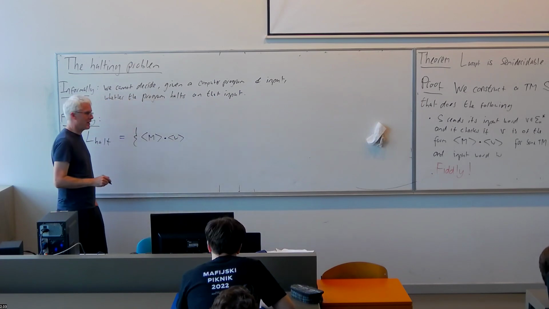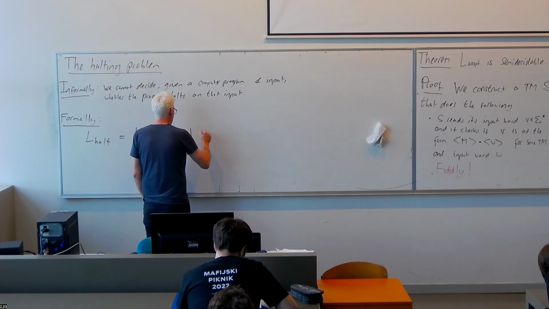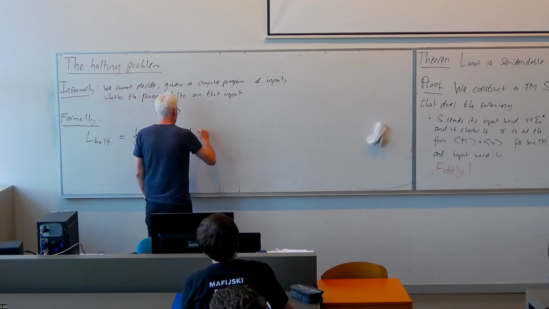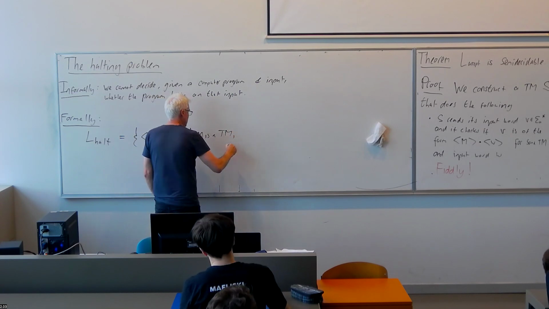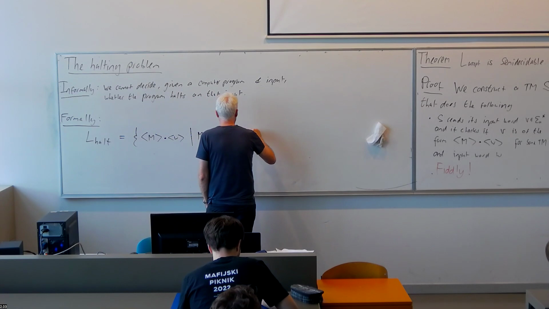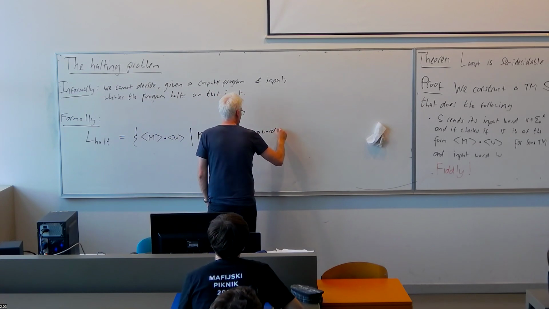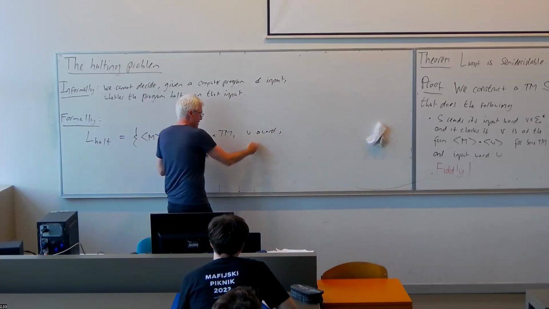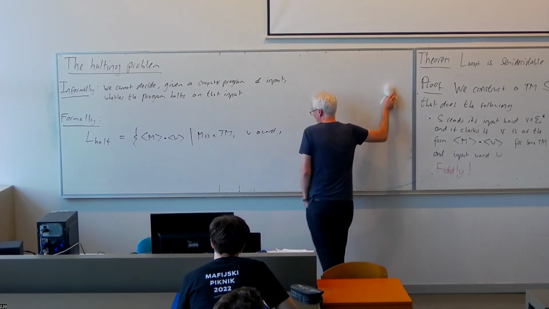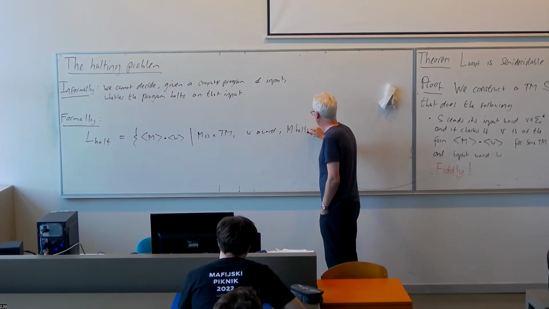And instead of saying M accepts W, we're simply going to take those pairs where M is a Turing machine and W a word. I'm being a bit informal, but the same restrictions apply as before, but instead of "accepts W", we simply say "halts on input W".